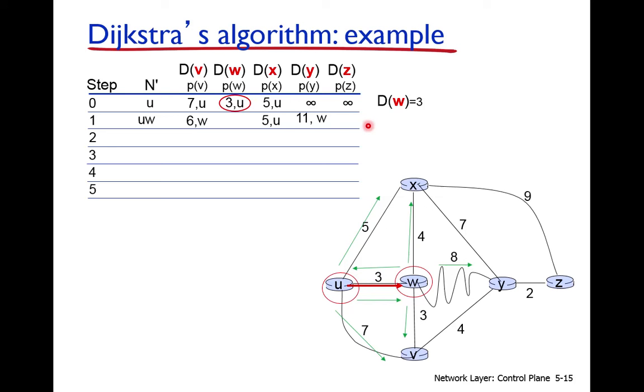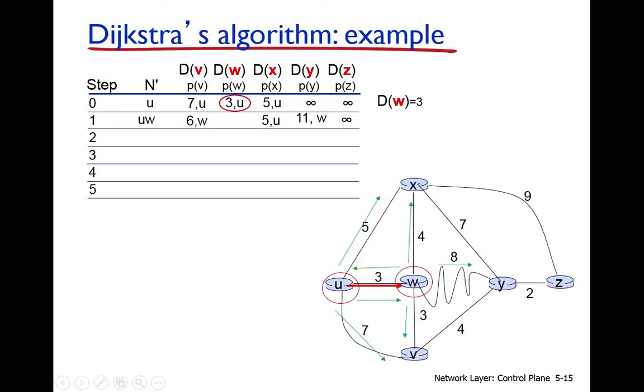Now we have explored all the neighbors of W: X, Y, V and U. There is no other neighbor of W, so all are explored. These values are updated. This value is not updated, so it will be kept as the present value.